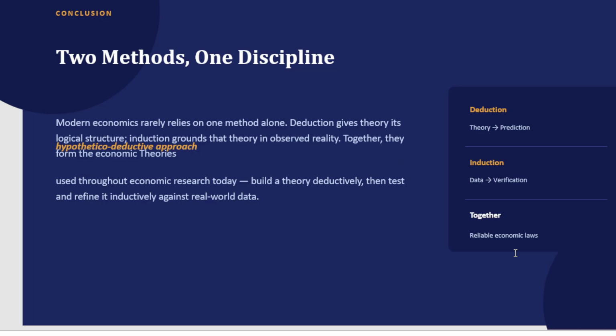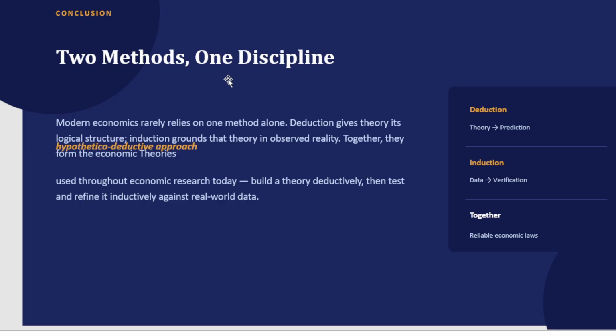We can say that there are two methods, but the discipline is only one. As Marshall already told, both the methods are necessary for economics, just like the two blades of a scissor. Means a modern economist rarely relies on one method.